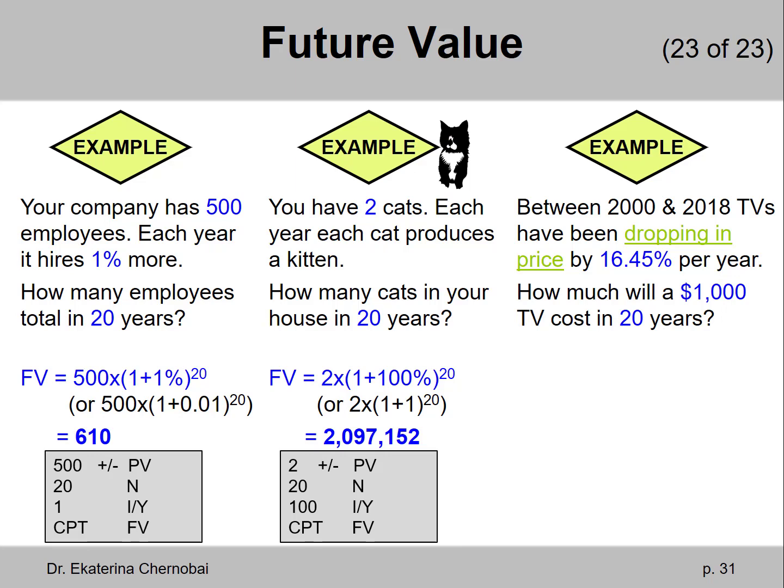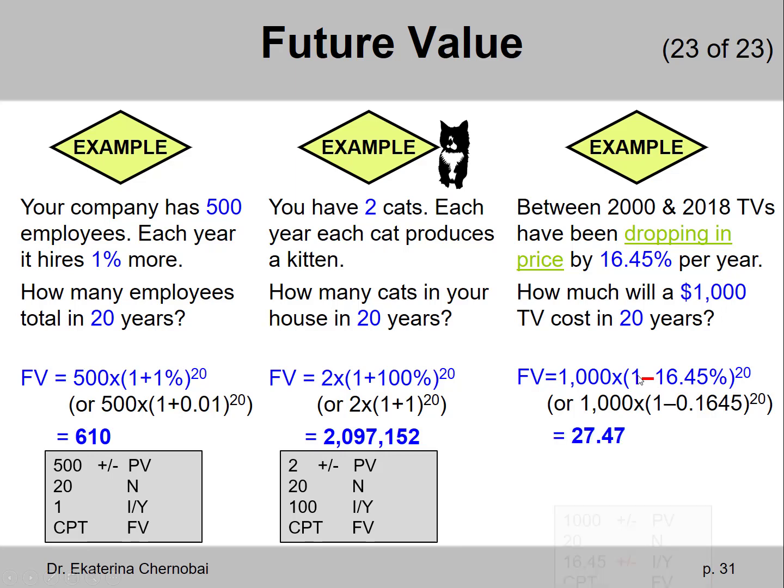What's the trick in this problem? 16.45% is not an increase per year, but a decrease. It's equivalent to a negative interest rate. Can we do that in our formula or the financial calculator? Yes. Just put the minus sign. In the financial calculator, you would set your IY, interest per year, to a negative value, just like you do with present values.